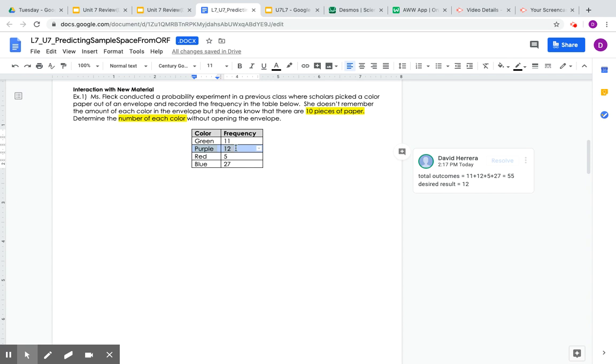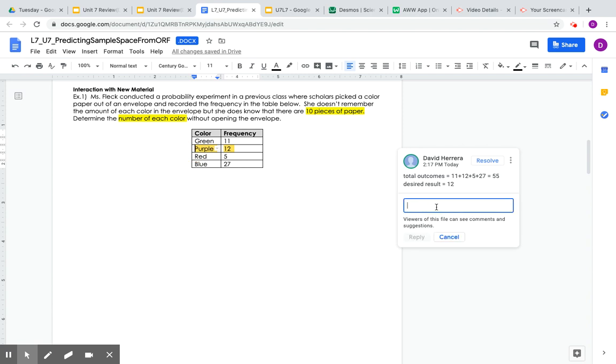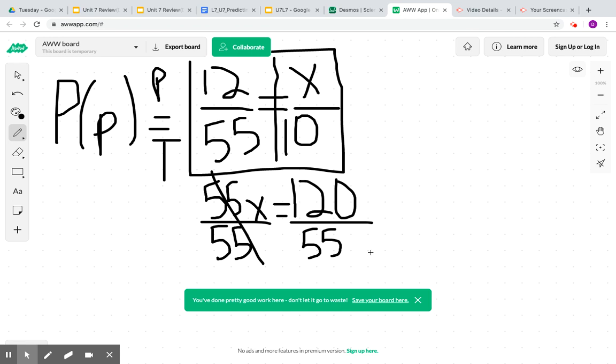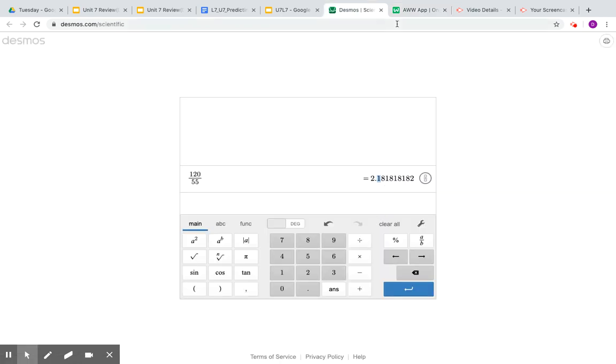I want you all to type in a complete sentence for this answer, just so that you really understand what you're making a prediction for, right? So I predict that there are, not 12, sorry, that's the frequency. What did we get? Let's go back. We rounded it to 2, right?